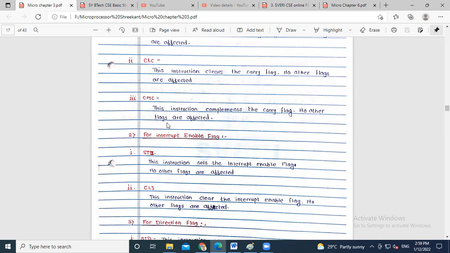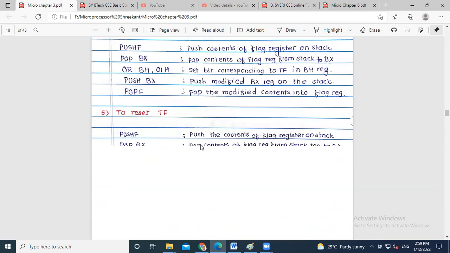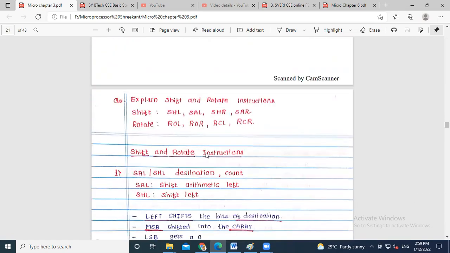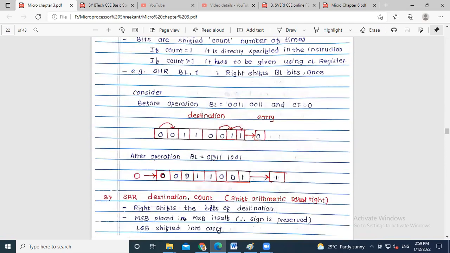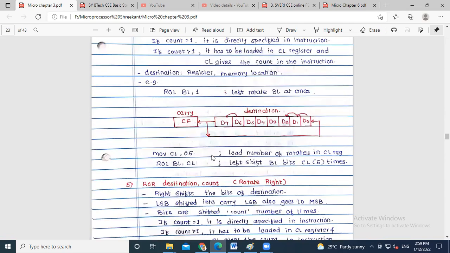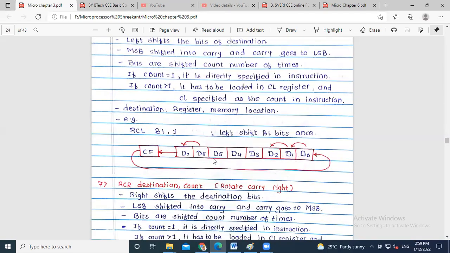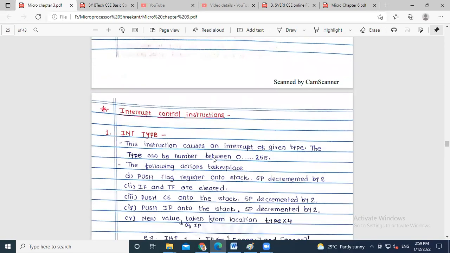Just go through these 16 instructions. Next, we will start the next kind of instructions after shift and rotate, the interrupt control instructions.